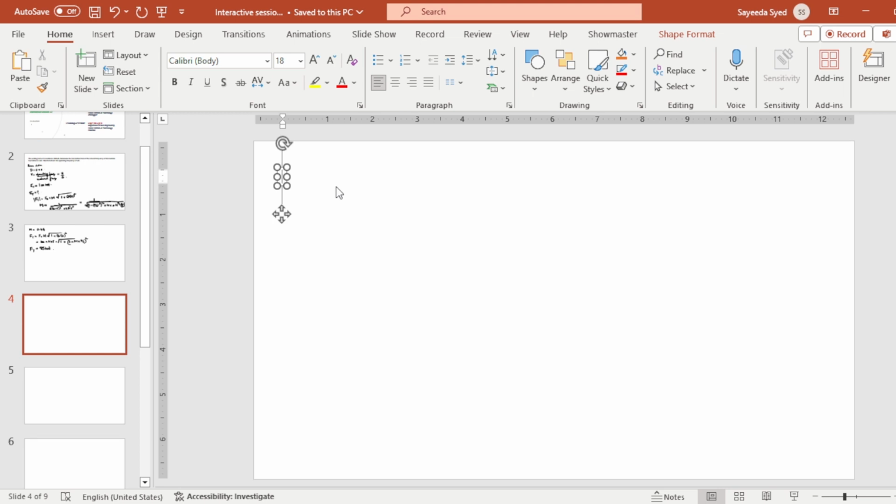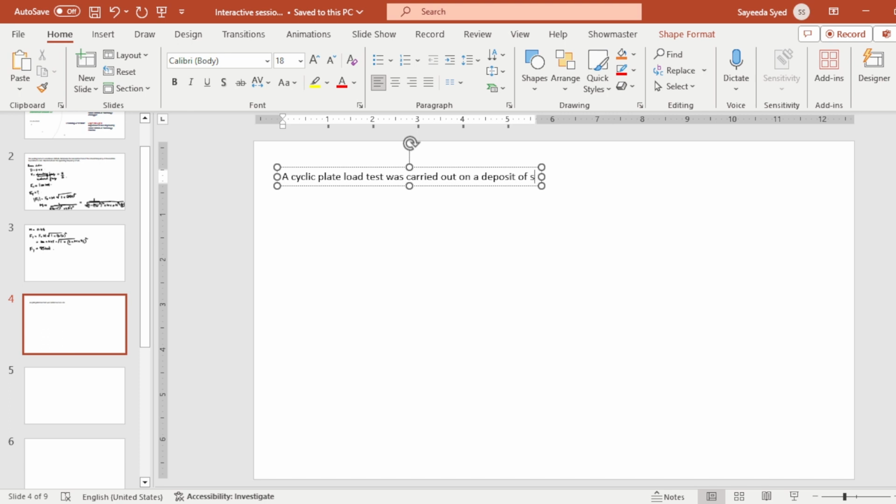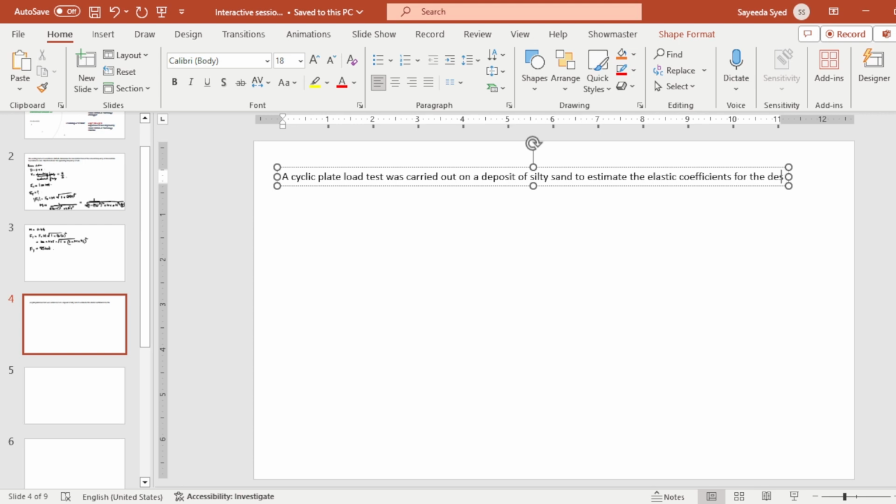A cyclic plate load test was carried out on a deposit of silty sand to estimate the elastic coefficients for the design of a compressor foundation.